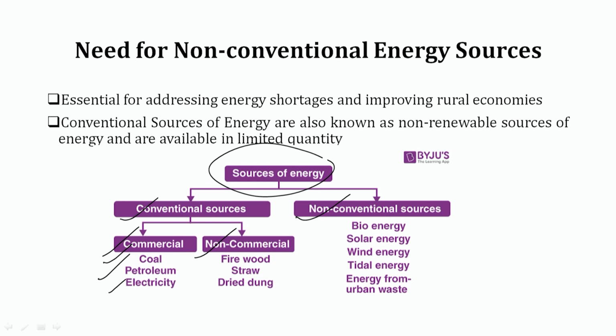While firewood, straw and dried dung are used in villages in rural regions. The non-conventional sources, which are very little used by our population, are bioenergy, solar energy, wind energy and tidal energy. But we are very sure that if we can shift from conventional to non-conventional resources, then certainly we are going to get less dependent on these conventional sources of energy.